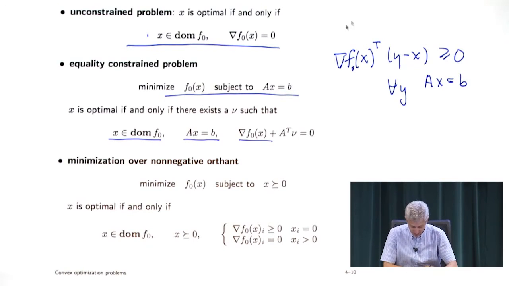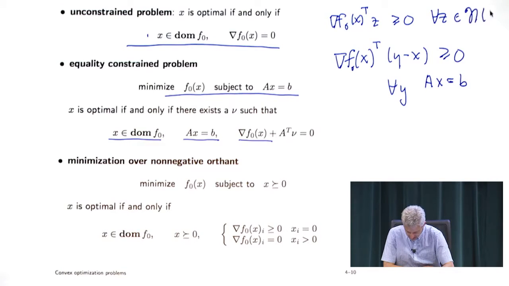So we can rewrite it this way. We can say the condition is grad f0 of x transpose times z is non-negative for all z in the null space of A. Because if y satisfies Ax equals b, it's a general element that satisfies that, and x satisfies Ax equals b, that's our second assumption here. Then the difference is in the null space of A, and vice versa, I should add.